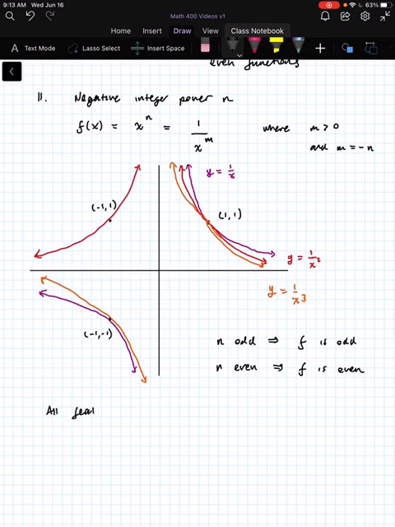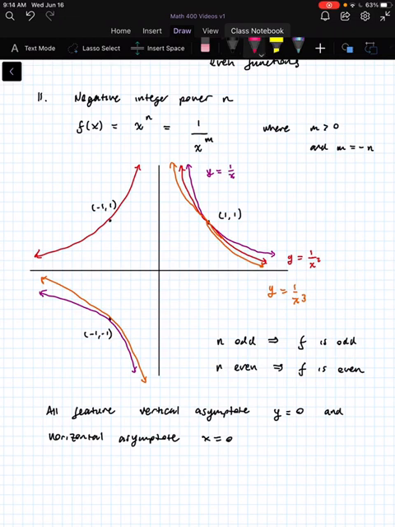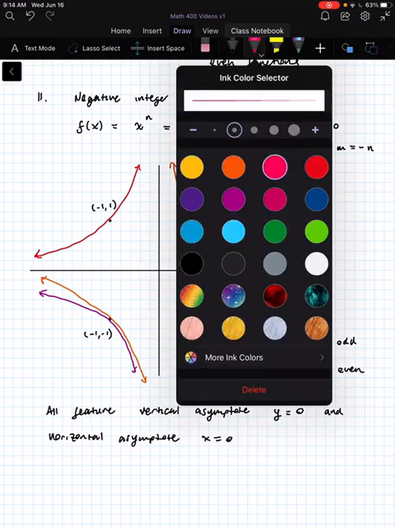They all feature, so of these functions, the negative integer power n, a vertical asymptote, y equals 0, and a horizontal asymptote. So what we mean by that is these are lines that the function gets close to but does not actually cross.